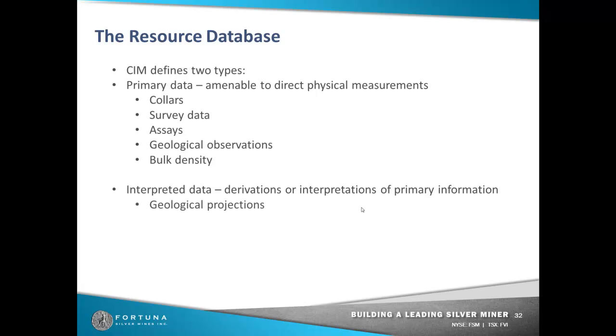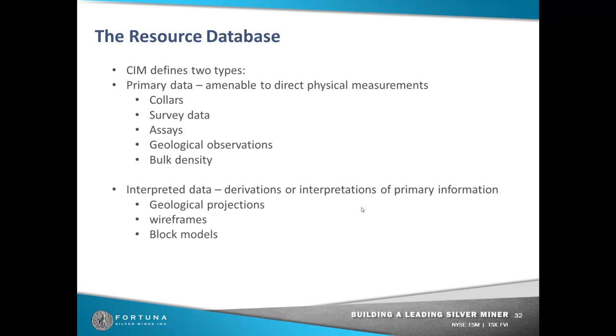These can be such things as geological projections, so we can do cross sections and long sections where we're defining and drawing the different styles of geology or mineralization based on the primary data, drilling or channel data or face mapping. The wireframes that subsequently get generated, these again will need to be stored in some type of database or some type of format where we can recollect those at a later date and use them within our modelling process.